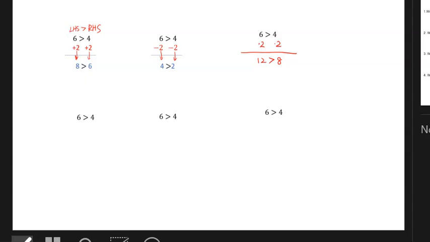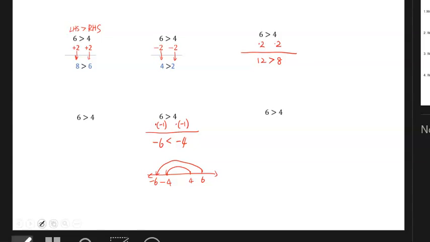But let's say I multiply by -1, which is a negative number, and see what happens. Notice a positive times a negative is negative, and a positive times a negative is negative. And apparently -6 is less than -4. Again, if you look at the number line, 6 is here, 4 is here, but when we flip to the other side, the bigger number 6 is flipped to the left side of -4, which makes it smaller.